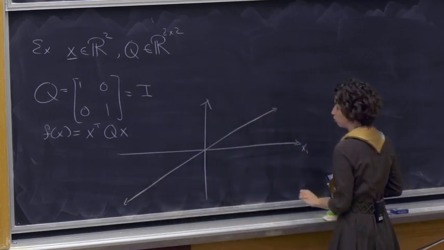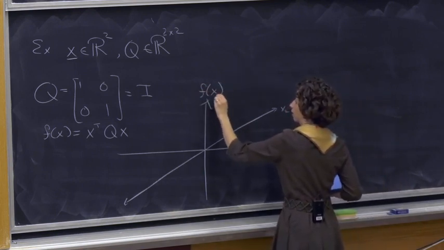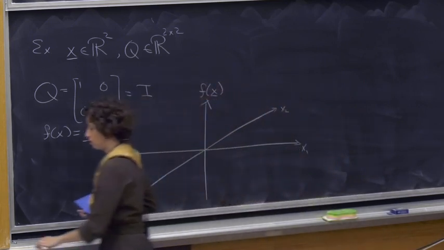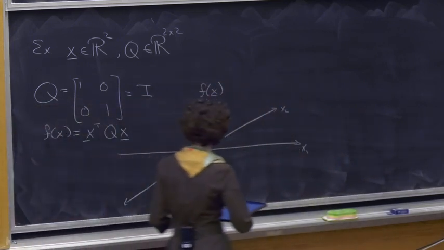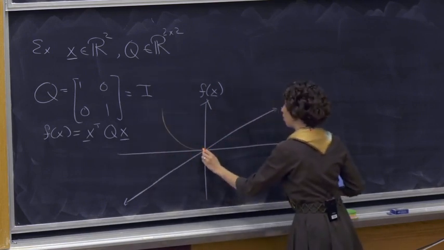So this would be x1, and over here we've got x2, and up here we've got f of x. And so now our function is an actual kind of 3D bowl.